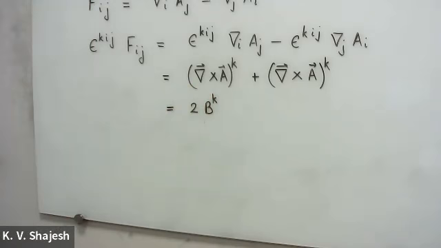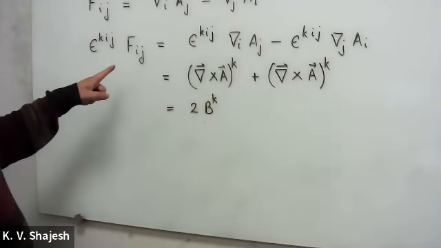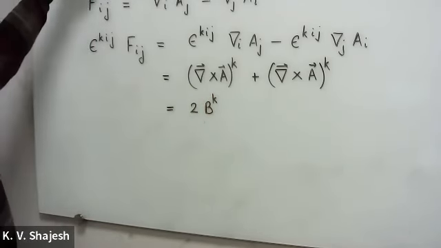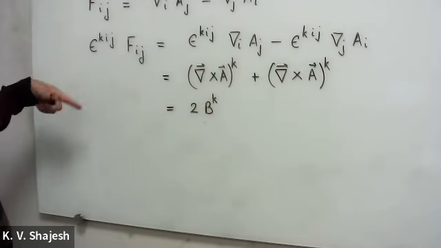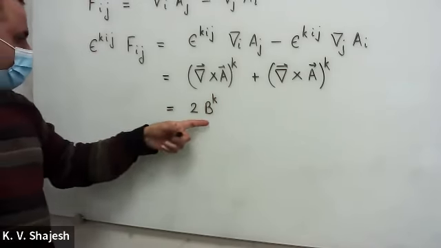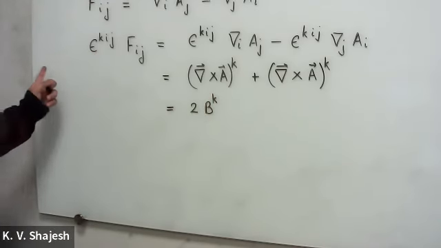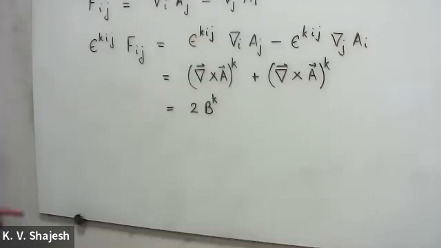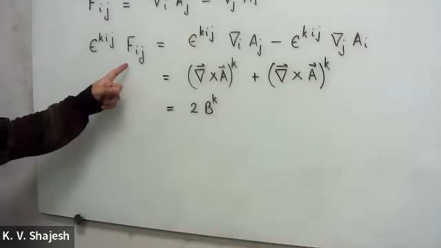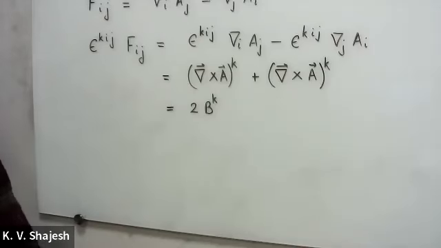Okay, but that still doesn't give me what F i j is, right? We were interested in this F i j. I see the connection with the magnetic field, but it's not very clear. So let's again multiply this with something so that we get F i j alone.